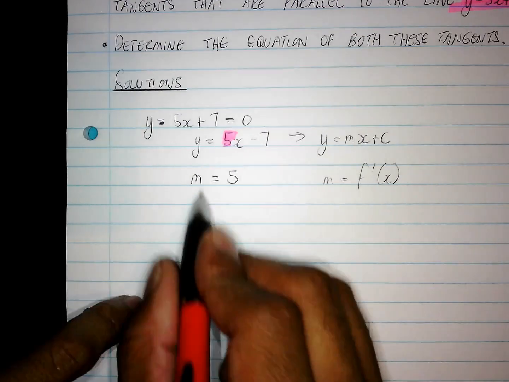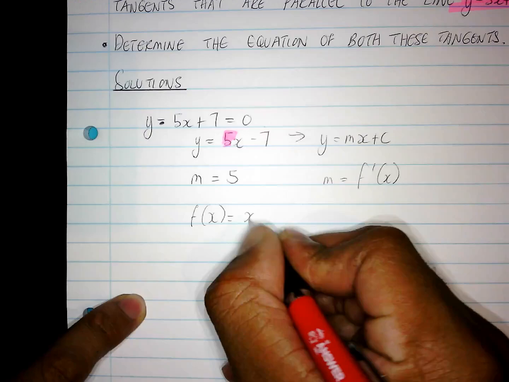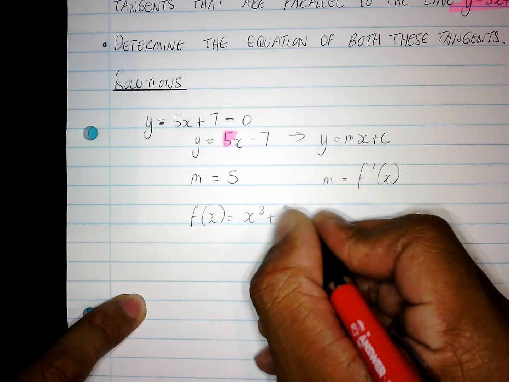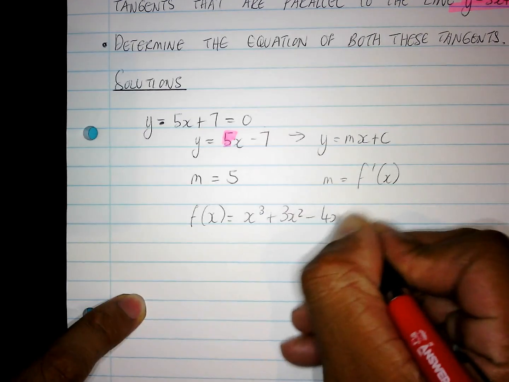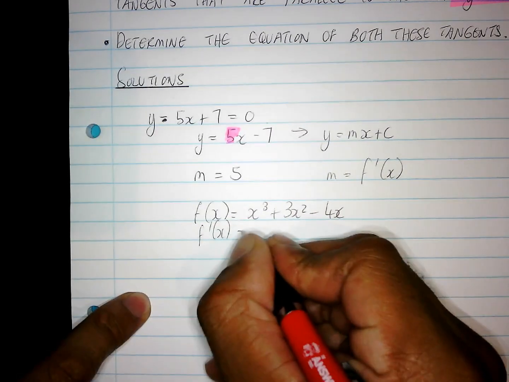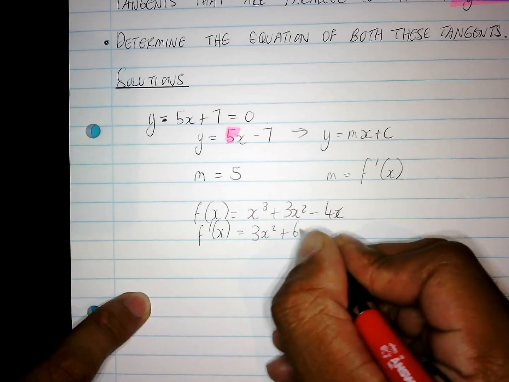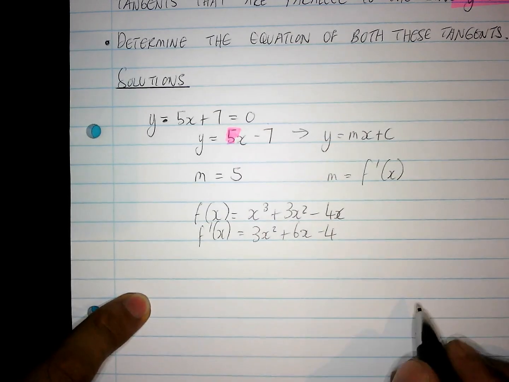So now from our equation of f, this is going to be the equation of f. Having to find the derivative of f, it means that we have 3x squared plus 6x minus 4, right?